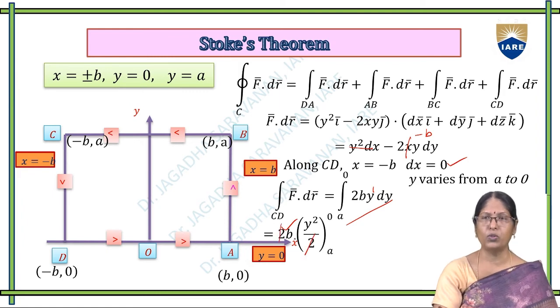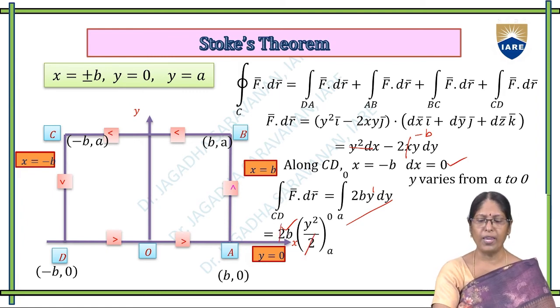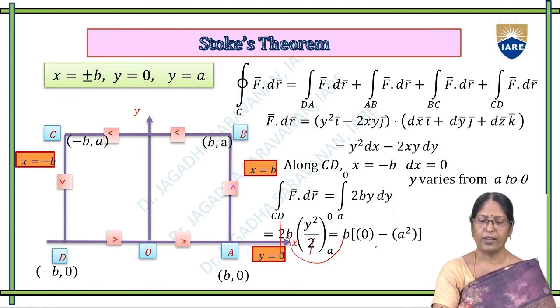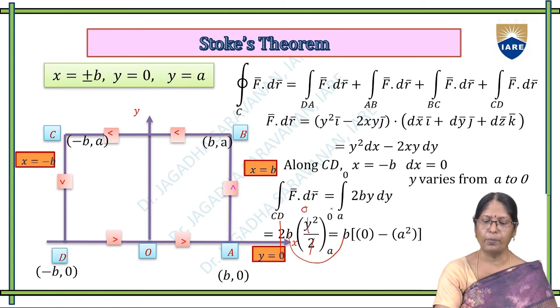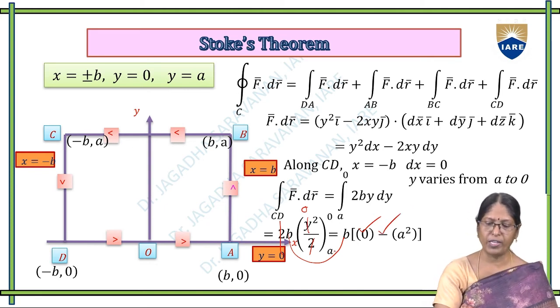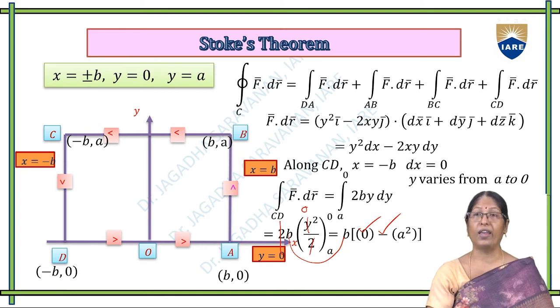This 2 and this 2 cancel. B is outside. Only in the place of y are we going to substitute the value, because we did the integration with respect to y. After substituting the upper limit minus lower limit by the limit formula, the 2s cancel, the b is written as it is, and in the y place we wrote the upper limit, which totally becomes 0, and in the y place we substituted the lower limit value a.